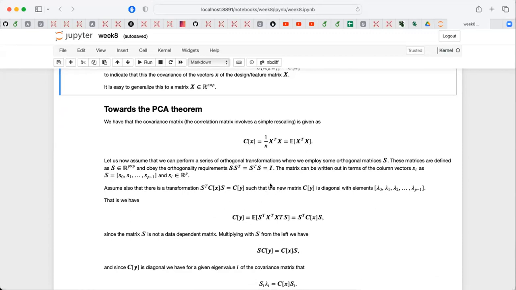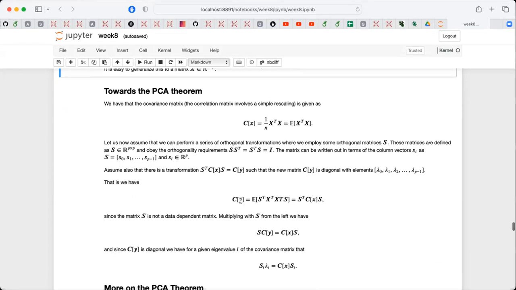When we are calculating the eigenvalues of this matrix, you could think of it as performing an orthogonal transformation of the covariance. So we take the matrix which we have here and perform a similarity or orthogonal transformation.